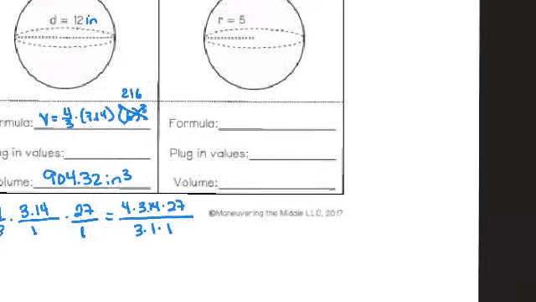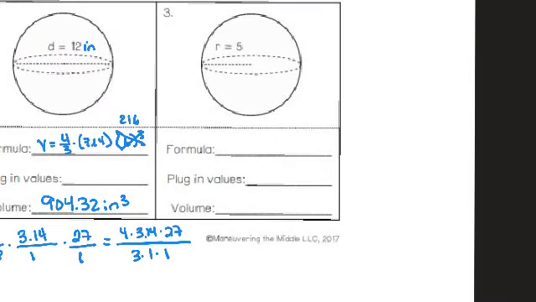And last but never least, again, we're going to take our volume equals 4/3 times 3.14 times 5 cubed. They gave us the radius this time. 5 times 5 times 5. I believe it's 150, right? It's 25 times 5. It's 125.